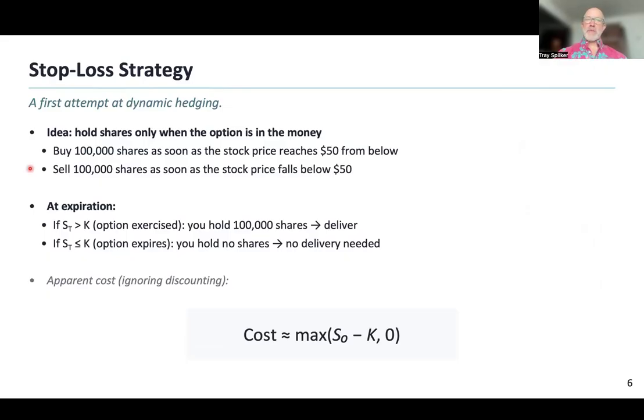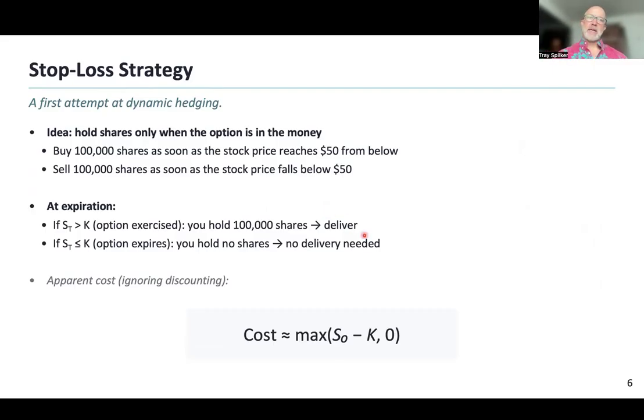Conversely, when the share price falls below $50 and the option is out of the money, we would sell 100,000 shares. In that case, if the share price is above the strike price, the option's exercised, we hold the 100,000 shares, and as I mentioned, we deliver the shares to that call buyer.